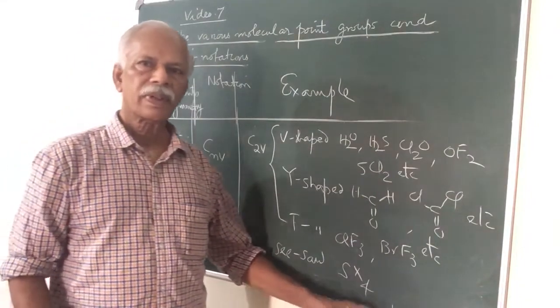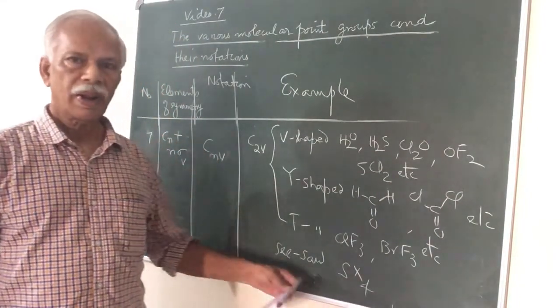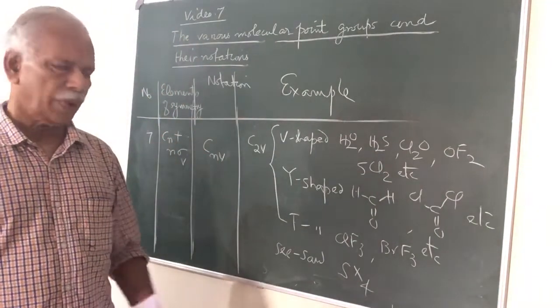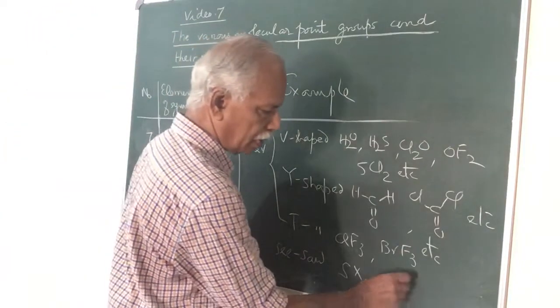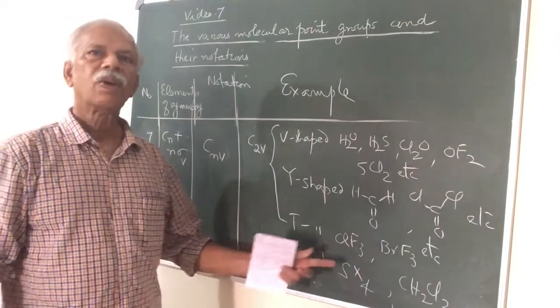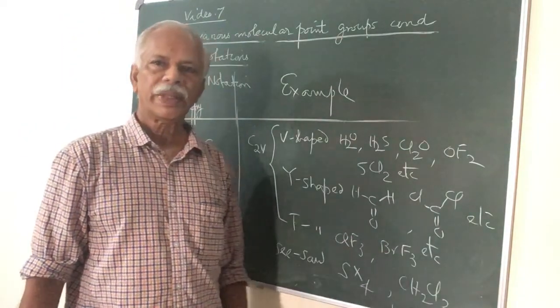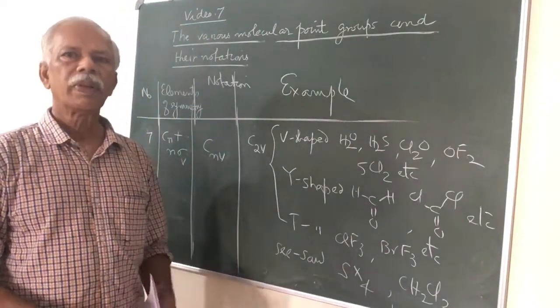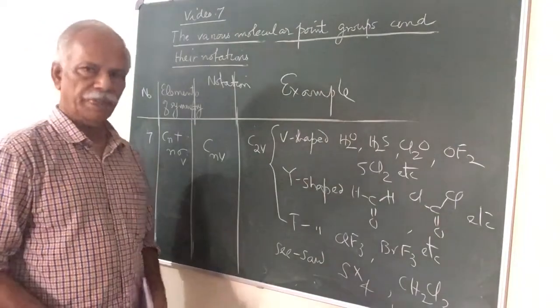These have seesaw shape and belong to C2v. Then of course molecules like CH2Cl2, then cis-1,2-dihaloethene. All these belong to C2v.